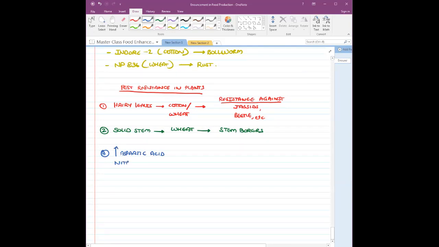So nitrogen levels are low, and sugar content is also low. If we have this combination in the maize plant, guys, then this gives you resistance against stem and fruit borers. Once again, this is against your stem borers or fruit worms basically.